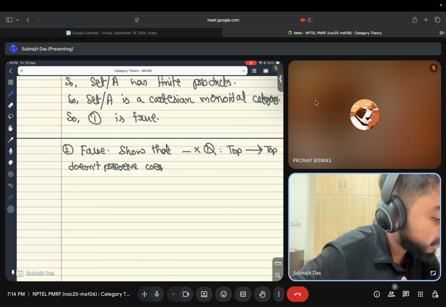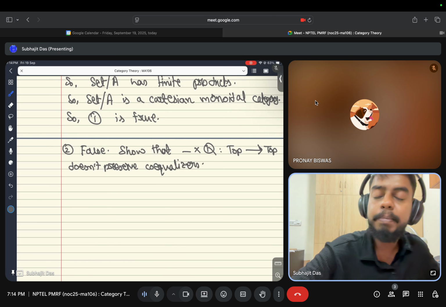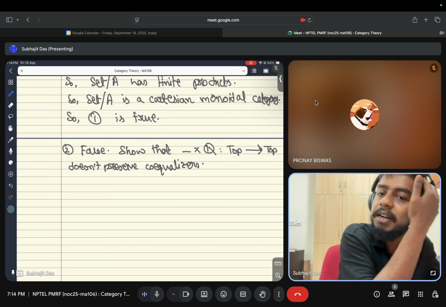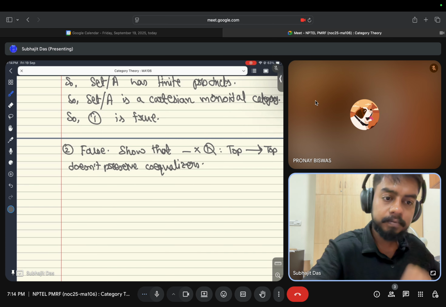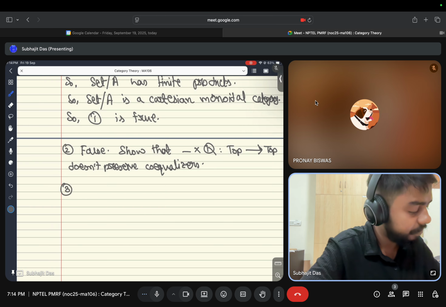In other words, what I'm suggesting is you can come up with some particular parallel pair of maps such that the co-equalizer of that parallel pair is not preserved by this functor. Okay, so this is a hint.